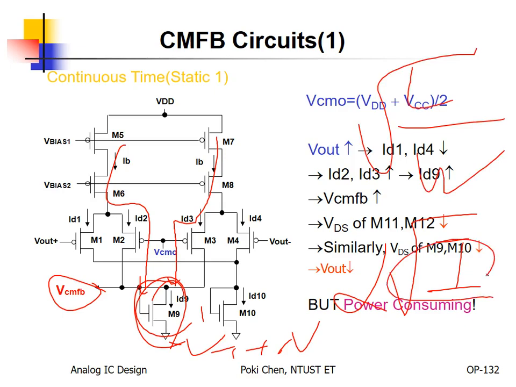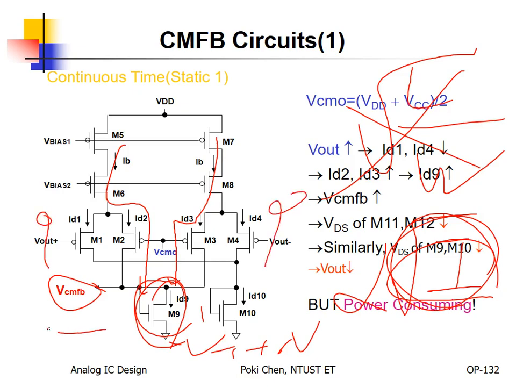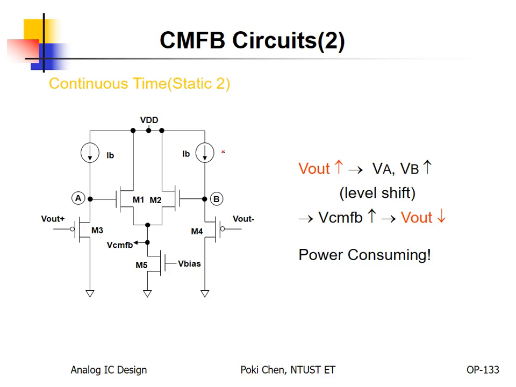But right now I is not fixed, so it is proportional to the square root of the current flowing in. So the higher the output, the higher the CMFB output. Bingo, that's it. The only problem is you waste static power. Let's go to the other circuit.